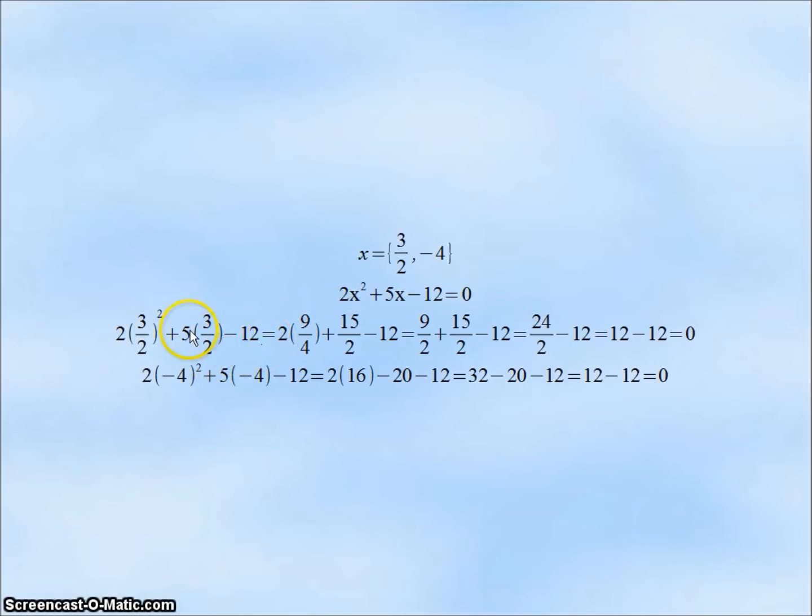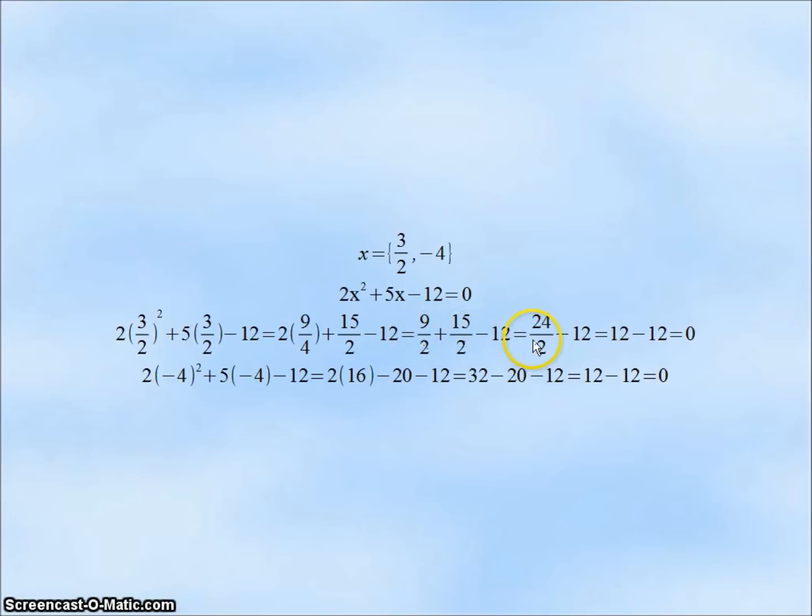Now let's evaluate, going from left to right. 3 halves squared is 9/4. 5 times 3 halves is 15 halves. And we'll just bring along the minus 12 for the ride. I notice here that this can reduce, so I'm left with 9 halves plus 15 halves minus 12.